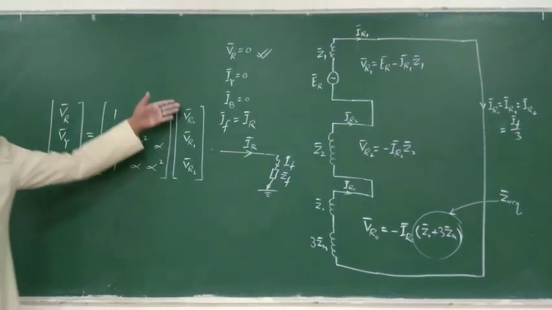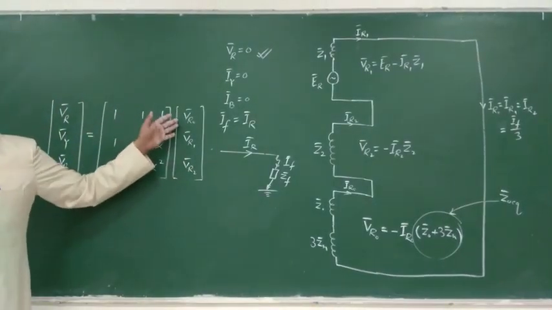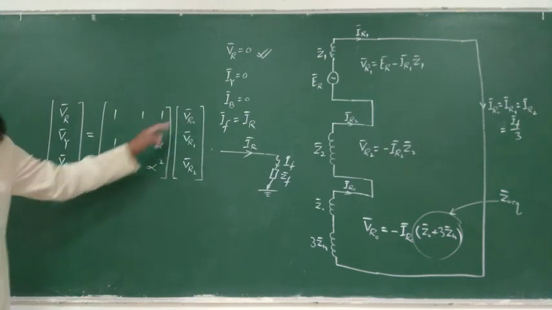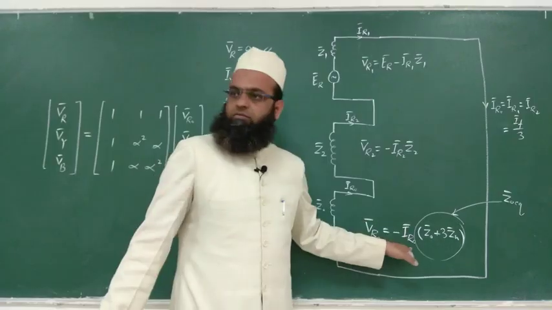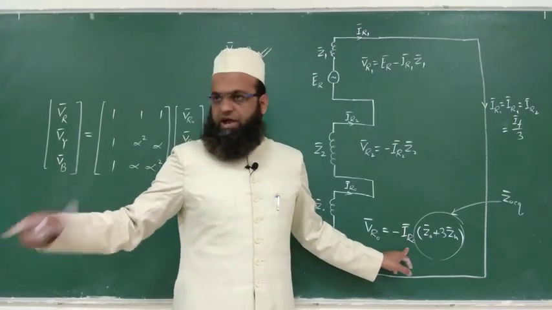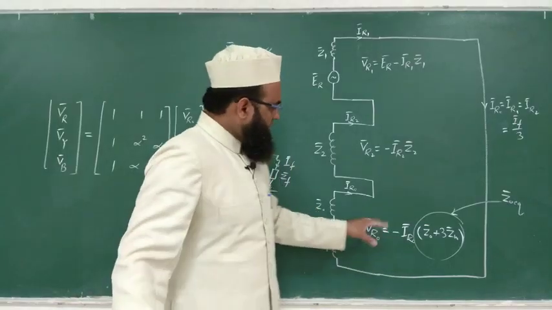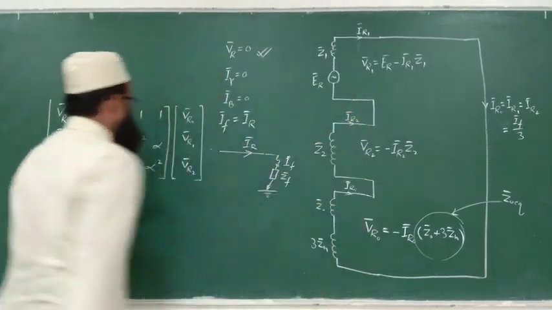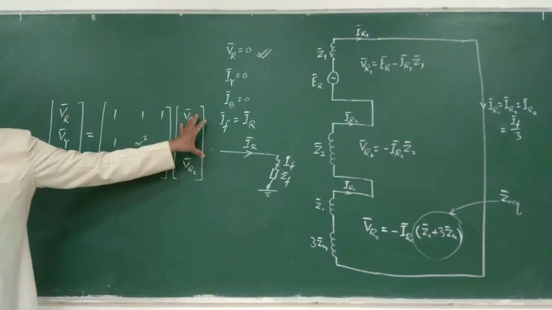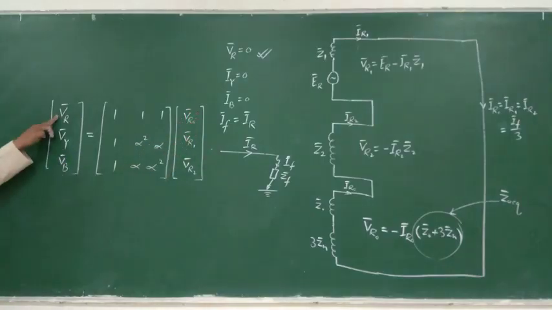Now you know these sequence components of voltages. So knowing this, because VR0 will be evaluated by this, you know IR0, right? You know IF also, 3 times of IR0, right? So substituting corresponding values, you may evaluate this. Once these sequence components are known, you may write actual ones in the 3 phases.